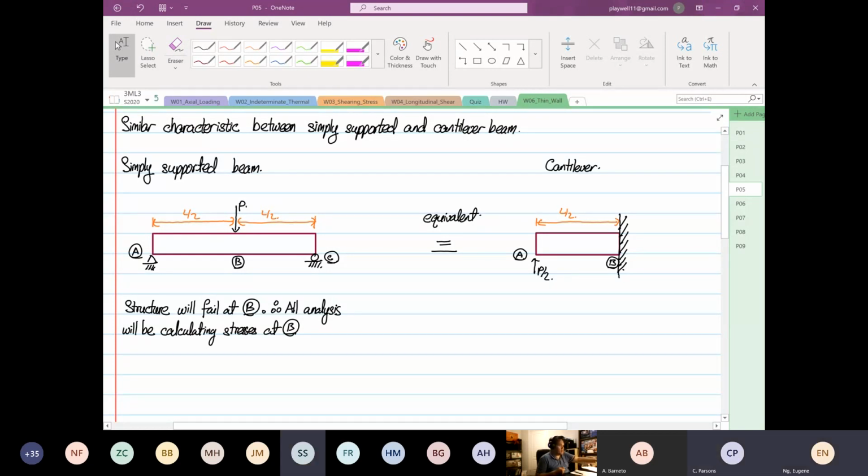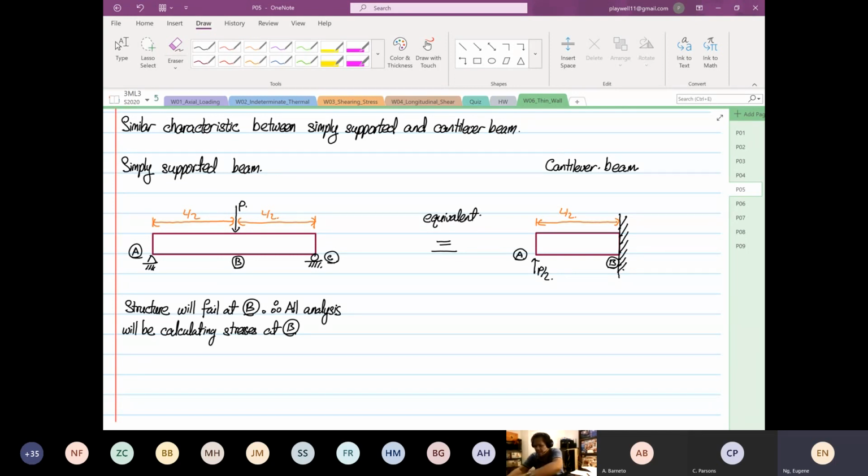At the cantilever, the same, just the cantilever one has an anti-moment. Yeah, no. What is the common? Think simple. For the cantilever beam and the simply supported beam, like what you see now, where will the structure fail? At B, absolutely. The failure will absolutely occur at B, right?